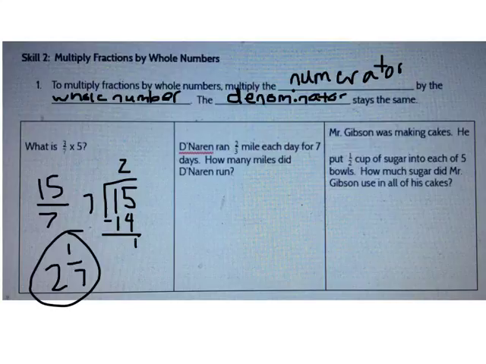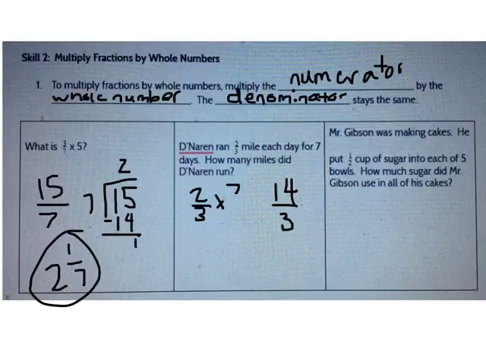Now let's do another example. Deniran ran 2/3 mile each day for 7 days. How many miles did Deniran run? This is a multiplication problem because he's repeatedly running miles. What's 2/3 times 7, written as an improper fraction? It's 14 over 3.